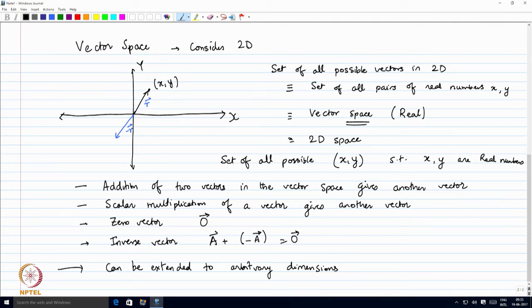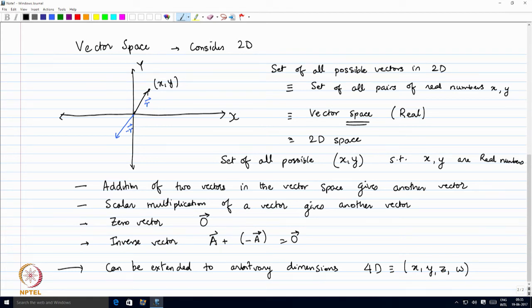We have seen 2D, we have seen 3D. For example, if you want 4D, you can just write x, y, z, w. You can just have 4 variables. So, a collection of 4 scalars would form a 4D vector space. This turns out to be fairly useful, and it has a lot of applications, as we will see.